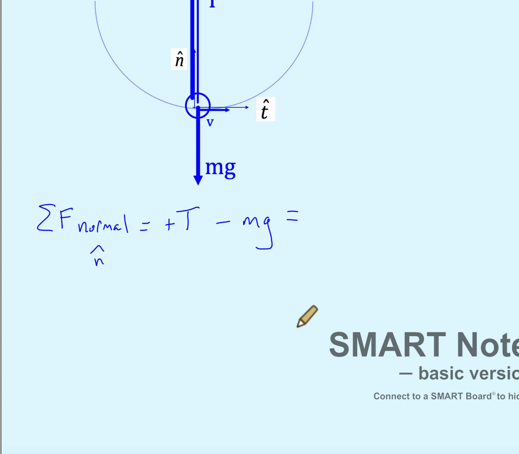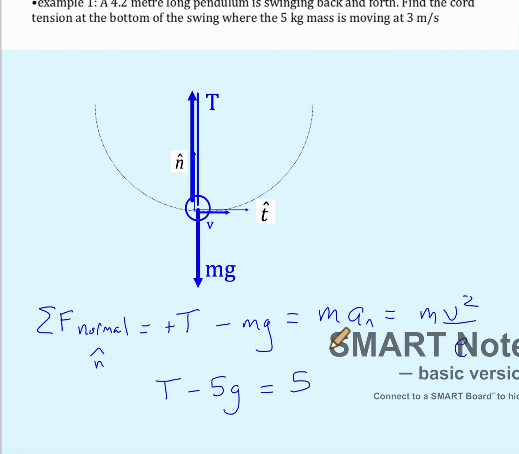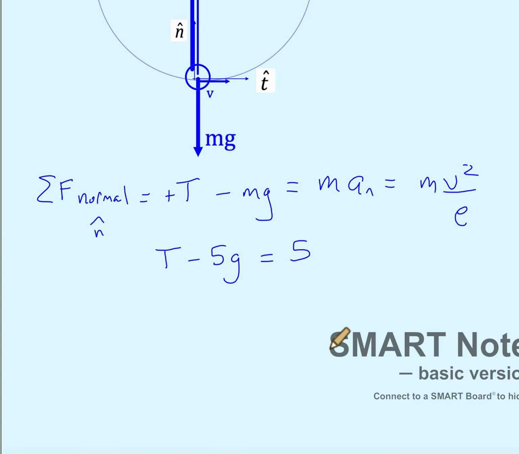Now the sum of the forces must equal the mass times the normal acceleration, and the normal acceleration is v squared over rho. The tension is what we're looking for. Rho is, in this case, going to be the radius of the circle, which is just the length of the string, which is 4.2 meters.